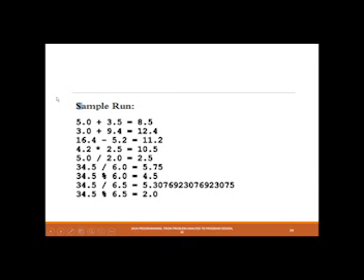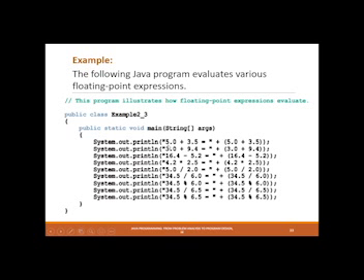Pag nirun natin yung sample, ito na po yun. Okay, tingnan po natin ulit. Review natin. Sabi dito, 5.0 plus 3.5 equals, dahil pareho silang floating point expressions, meron floating point yung mga operands natin.